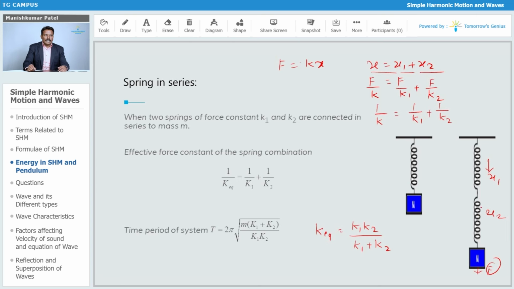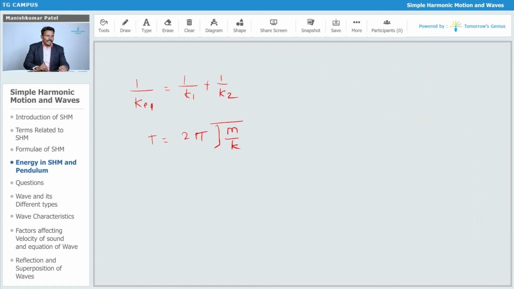Although you are applying the same force, based on the value of k it will result in different elongations. So that's why we have written that x is equal to x1 plus x2.